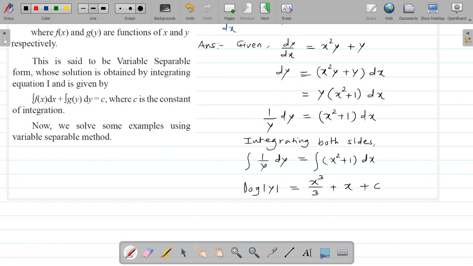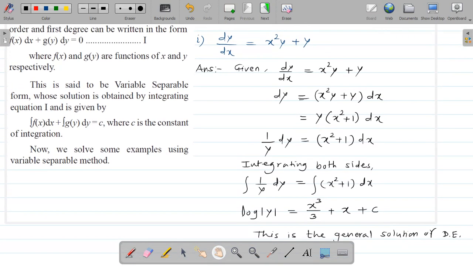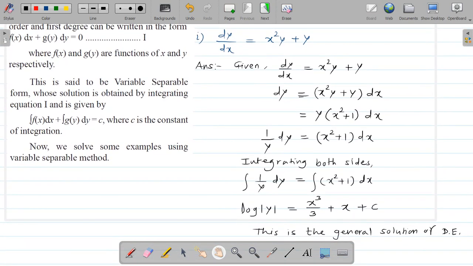So the procedure is completed now. You can say that this is the general solution of the given differential equation. So see how to use the variable separable method to solve a differential equation like this.